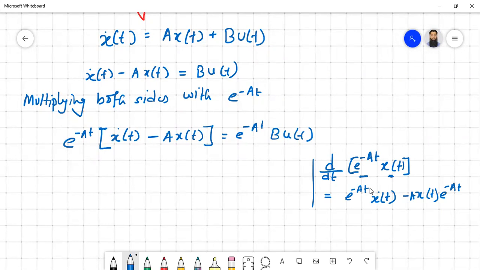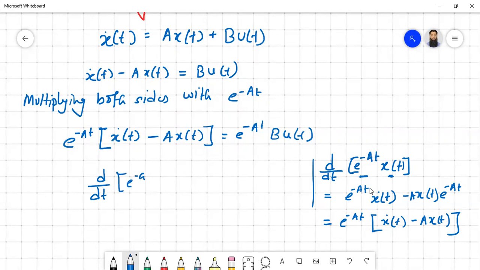So as you can see, if you take e to the minus A t common, you get x dot t minus A x t, which is the same as the left side. So we can write the left side as d by dt of e to the power minus A t x t, equal to e to the power minus A t B u t.